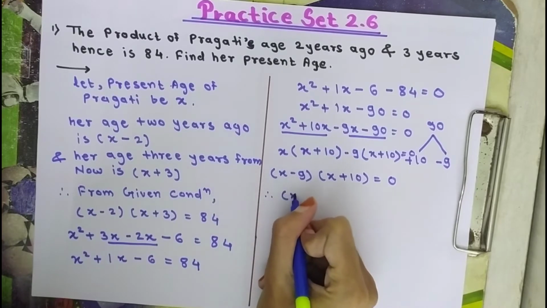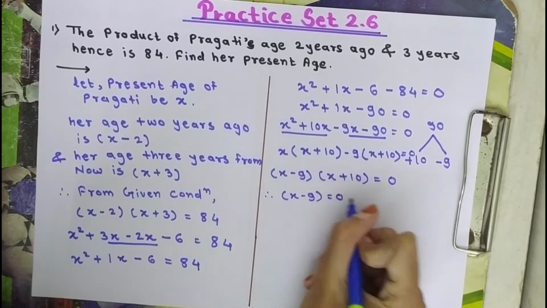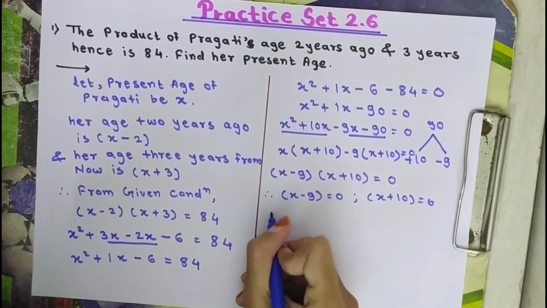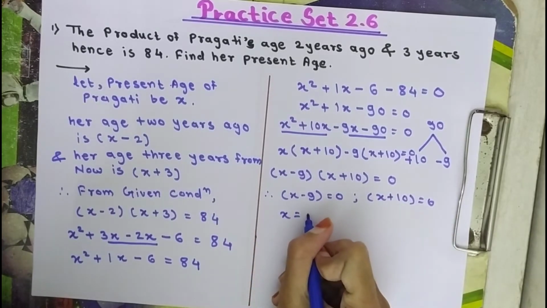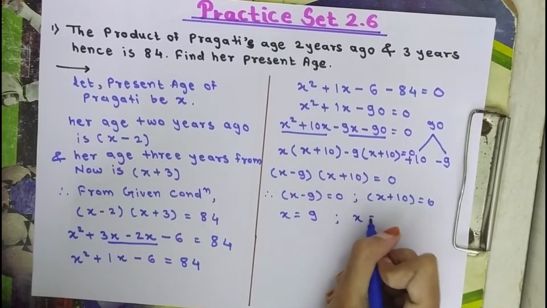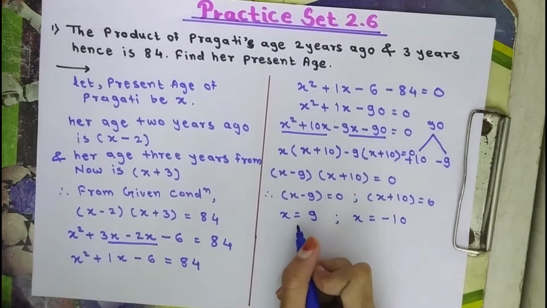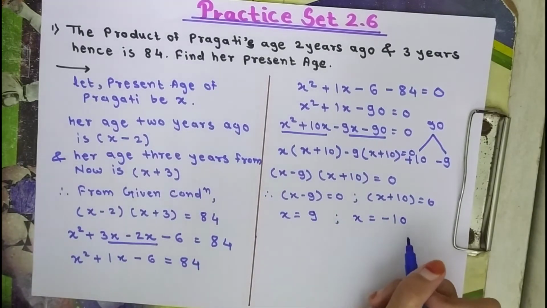Therefore, x minus 9 is equal to 0 and x plus 10 is equal to 0. So x is equal to 9, since minus 9 goes to the other side as plus 9, and x is equal to minus 10. So look here, the two values of x are x is equal to 9 and x is equal to minus 10.